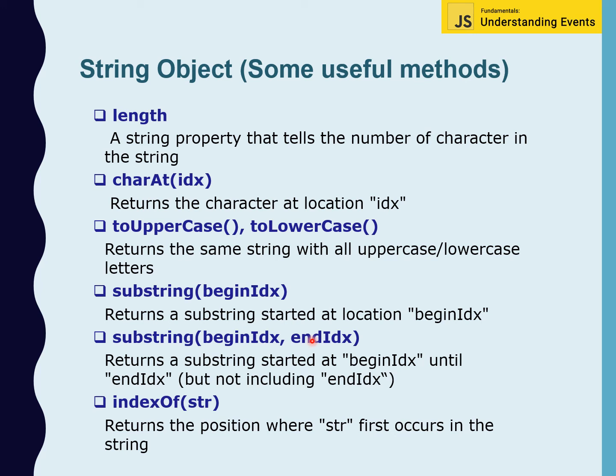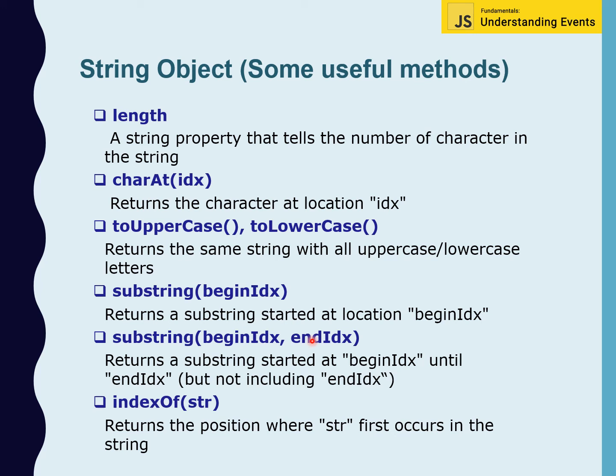Length finds the number of characters. charAt(index) returns the character at that particular index location. toUpperCase converts the characters to upper case. Then toLowerCase converts the characters to lower case. Then substring with one index value generates a substring from that begin index onwards.